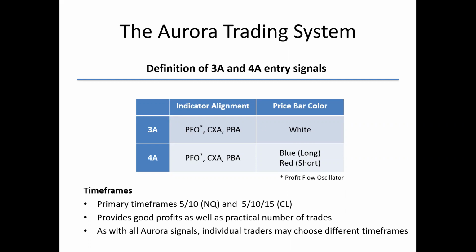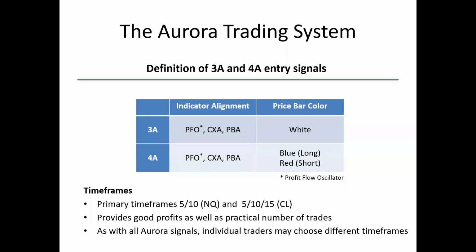So what we're looking for in a 3A entry is the profit flow oscillator, CXA, and PBA to all be aligned, and the price bar color is white. It cannot be an opposite price bar color, and it won't be an aligned price bar color, because when the price bar color is aligned, that is what we refer to as a 4A.